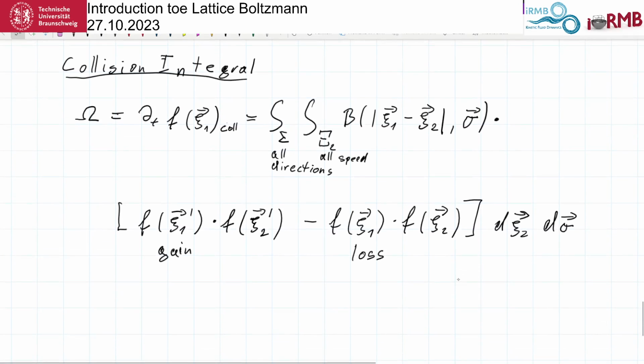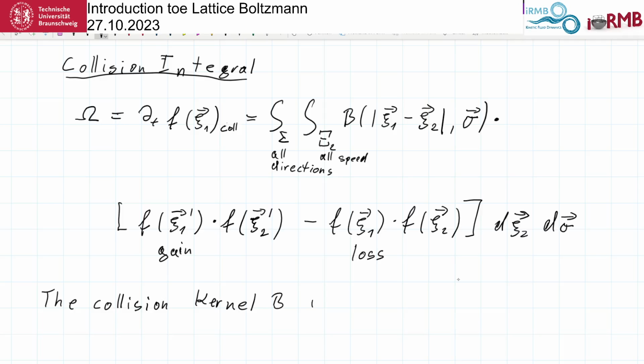So the collision kernel B is a function of the relative.